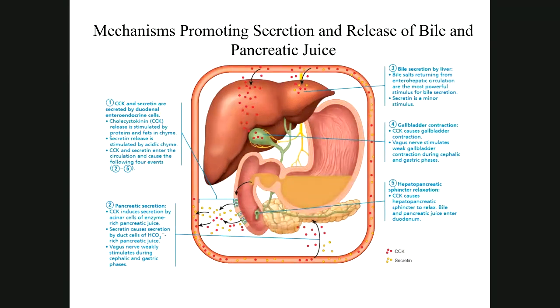So the pancreatic juice is becoming rich in bicarbonate and rich in pancreatic enzymes. During this period, the vagus nerve is going to be stimulating very weakly the cephalic and the gastric phase.